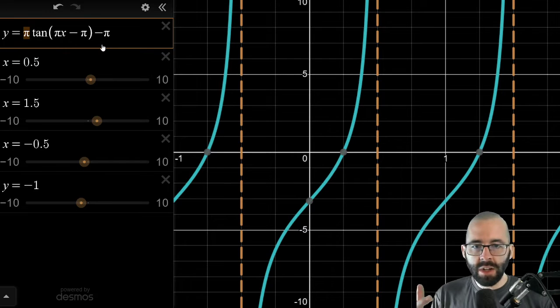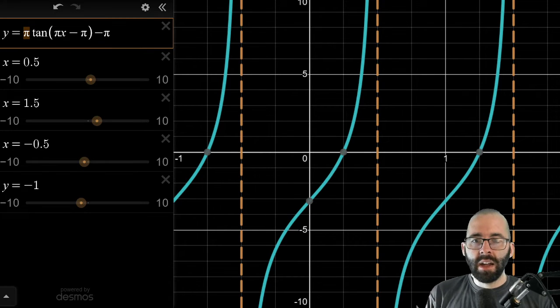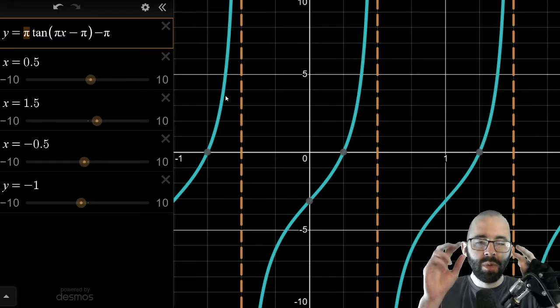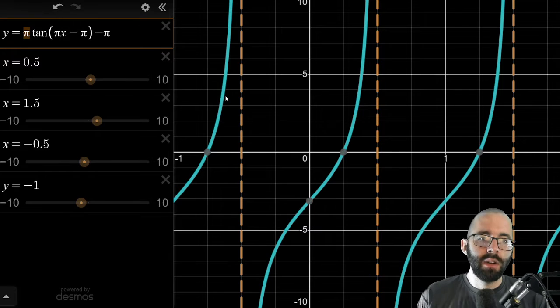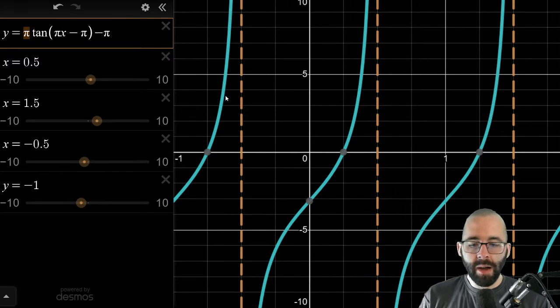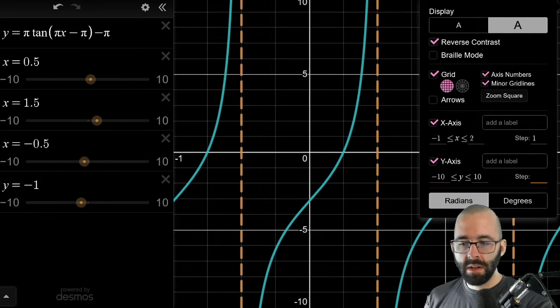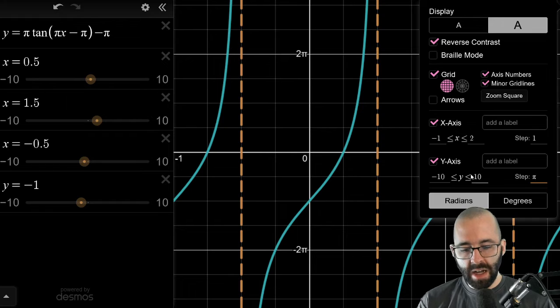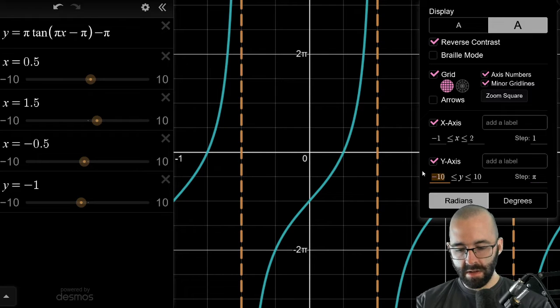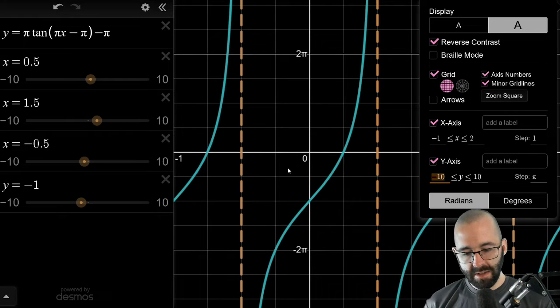So the whole idea about stretching factor is normally at this like halfway point, between the middle and the asymptote, we normally go up 1, but now we're going up pi. So it actually makes a lot of sense to have our y coordinates in terms of pi. Now look at this.